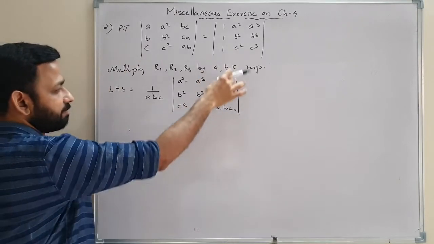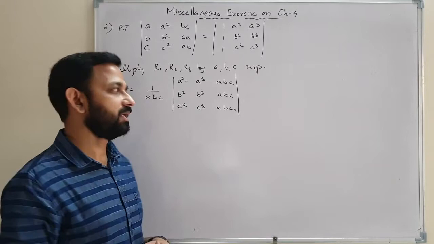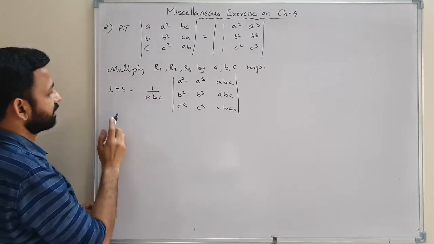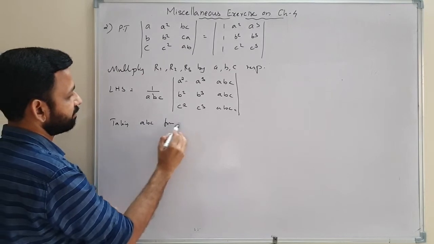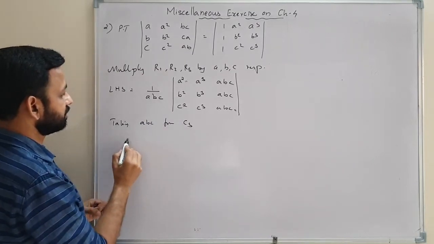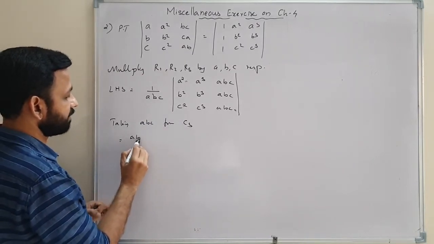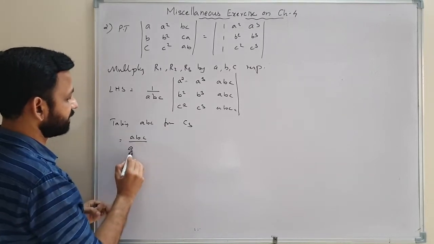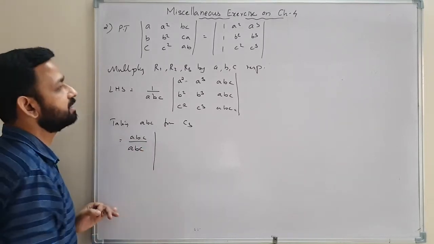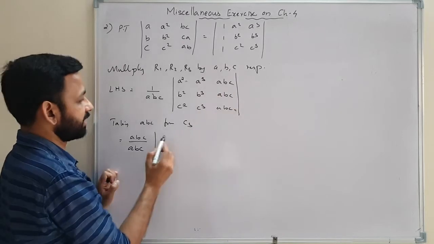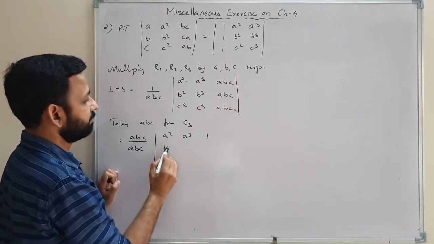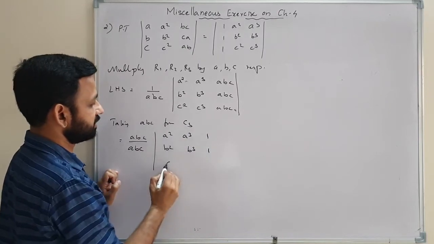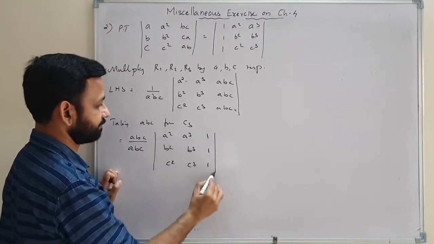Now we can take ABC outside from C3. So that is equal to ABC in the numerator and one ABC already there in the denominator. So when we take ABC outside, then it will be A square, A cube, 1; B square, B cube, 1; C square, C cube, 1.